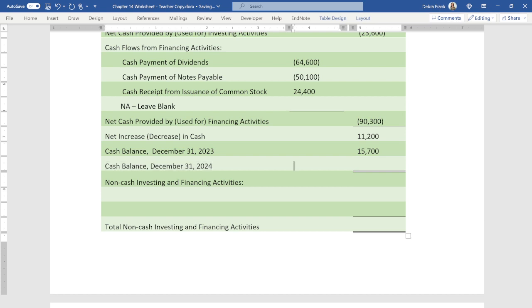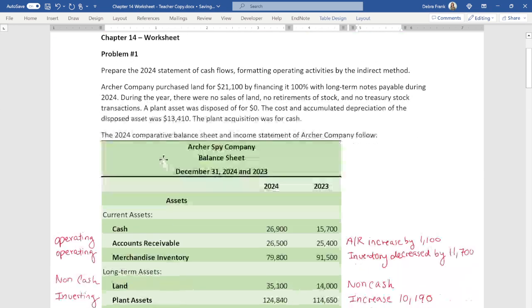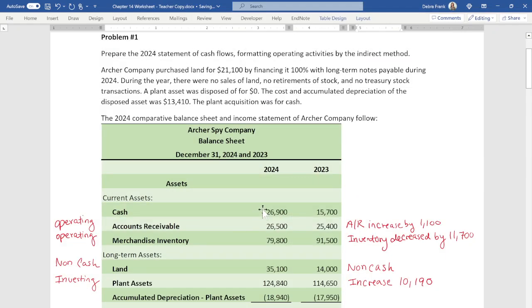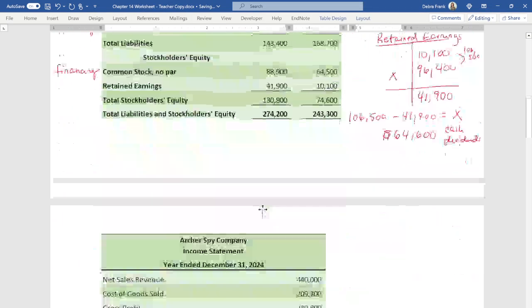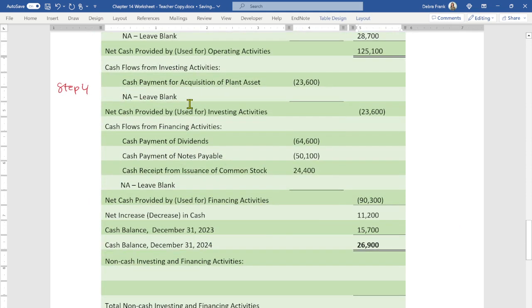And hopefully when we add these two up, 11,200 plus 15,700, that's 26,900. Let's hope that equals, and we'll know we accounted for all the cash differences. And it is 26,900. Woohoo. So we are in balance. We did it right. So we're done with that statement of cash flow analysis for operating, investing, and financing activities.